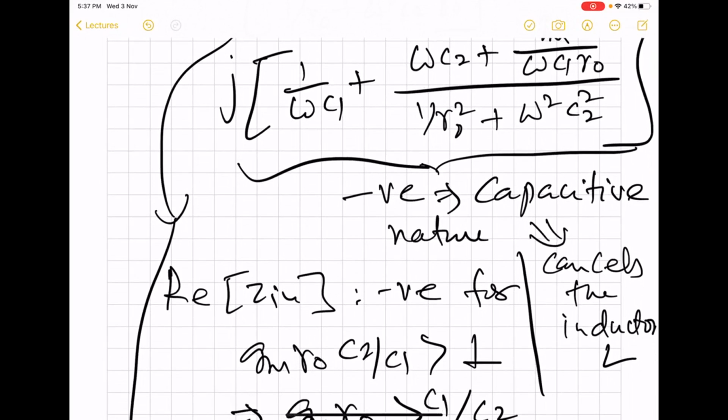Okay. So we see that indeed that circuit behaves like minus R and capacitor for the oscillation frequency.